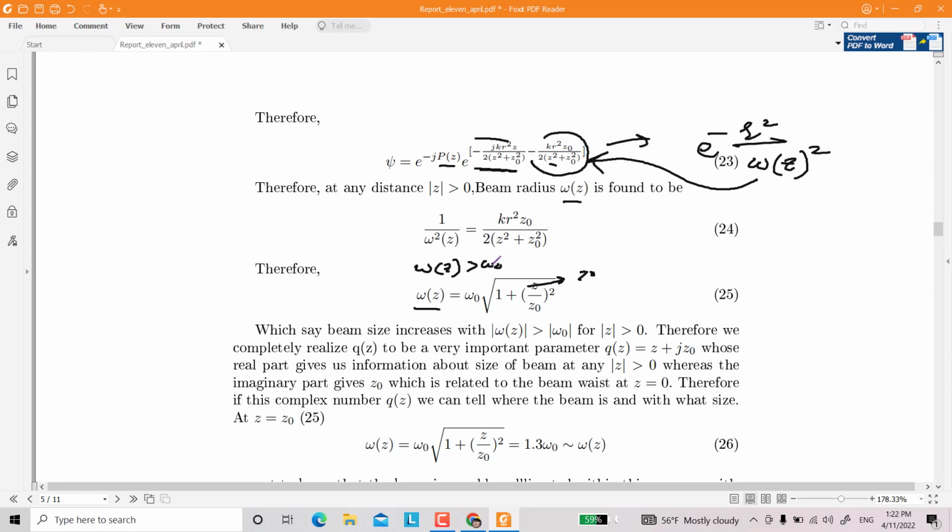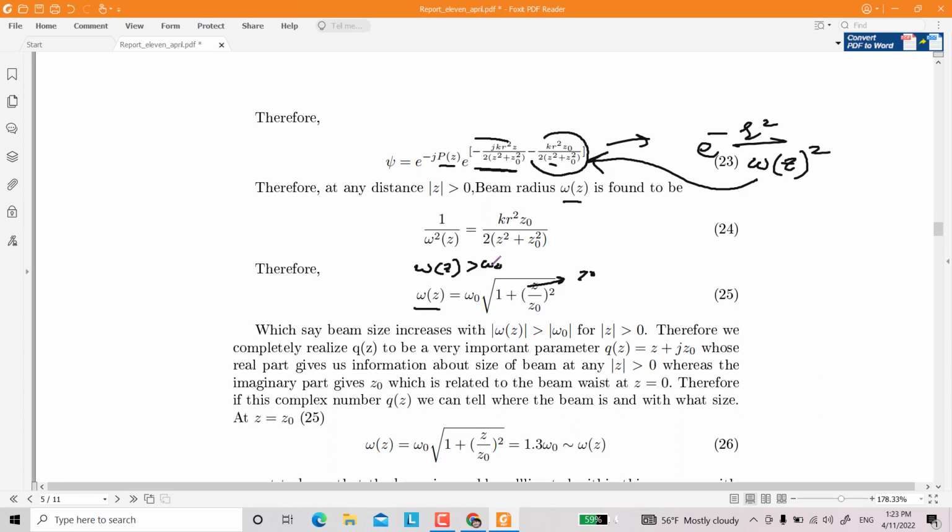That means if you go away from the beam waist, you will always find that your beam is going to get bigger and bigger. Means the radius of beam goes on increasing when you are moving away from the beam waist, means from Z equals 0.